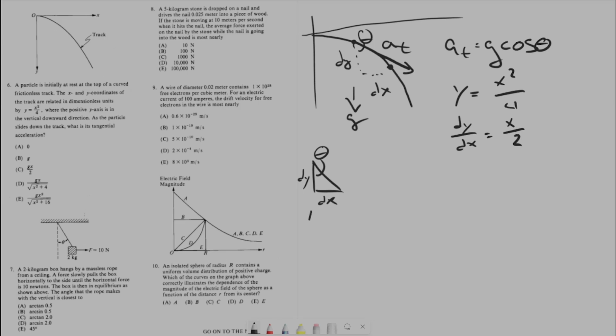Tangent of theta is equal to dx over dy. We'll pretend that's a y. So going from there, I can just imagine that as 1 over dy/dx. So I can flip that, meaning tangent of theta is the inverse of the derivative, which just gives me 2 over x.